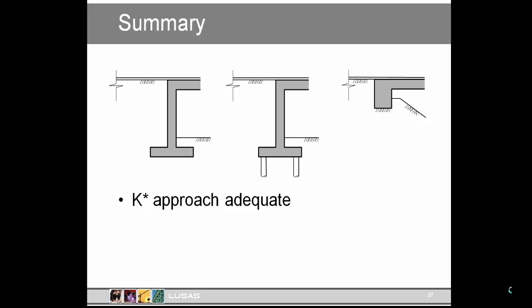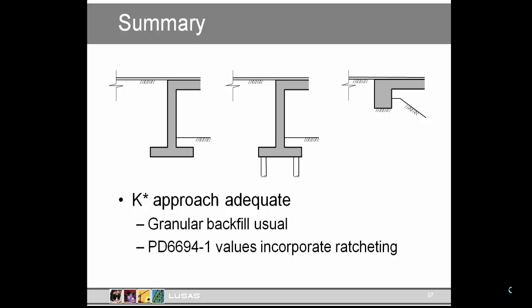Now, since for these construction types, granular backfill is usually installed behind the abutments, strain ratcheting must be taken into account, and the formulae for K-star in PD 6694 Part 1 actually incorporates that.